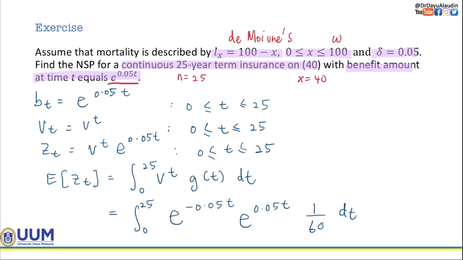So we can solve the integration. This is De Moivre's law. vt is e to the negative delta t, and since the benefit function is e^(0.05t) instead of 1 ringgit as in the previous example, and this is gt.